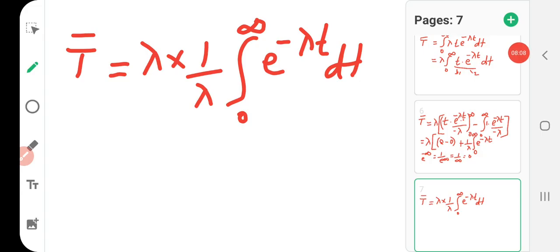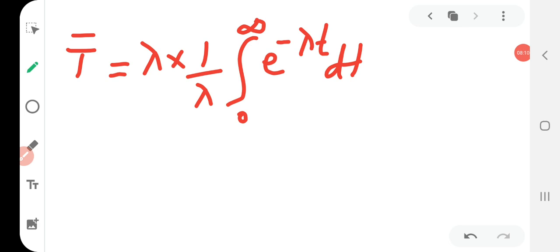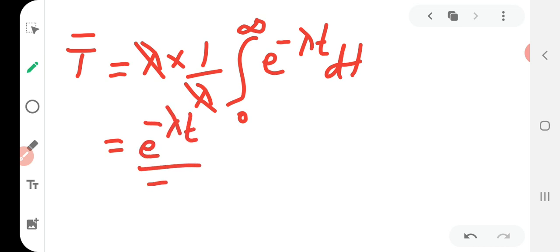This lambda and lambda get cancelled. Applying integration, we get e raised to minus lambda t by minus lambda within the limits 0 to infinity.